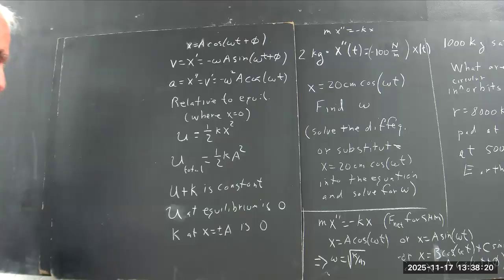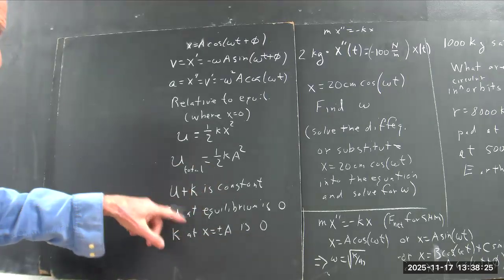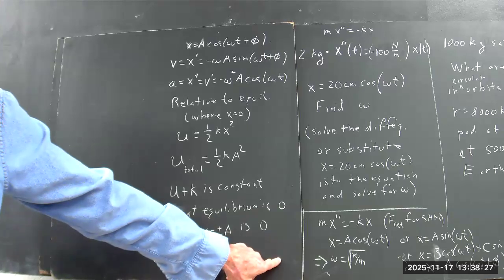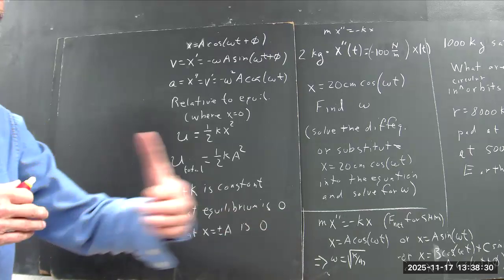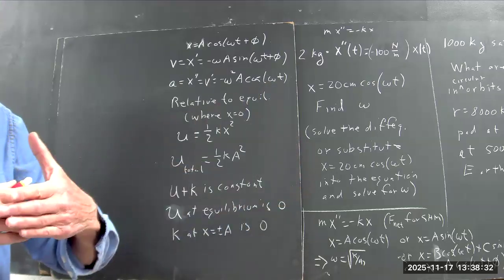Kinetic energy at x equals plus or minus a is 0 because the potential energy is equal to the total energy at that point. Another way: you swing out to here and you come to rest before you start swinging back.